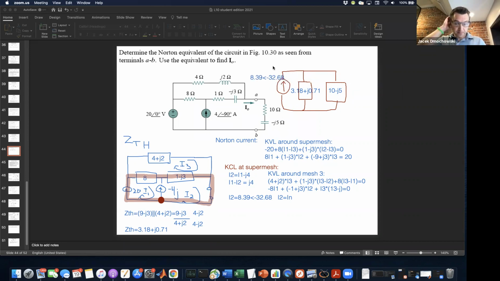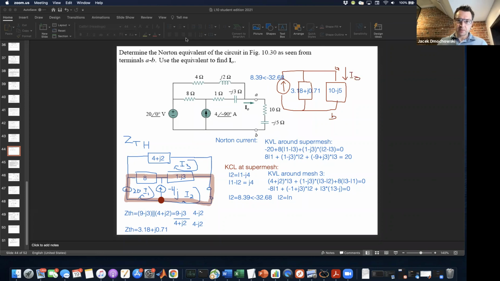Okay. So now we're interested in this current here. We're interested in how much is flowing from A to B. This is A, and this is B. So we're interested in this current.